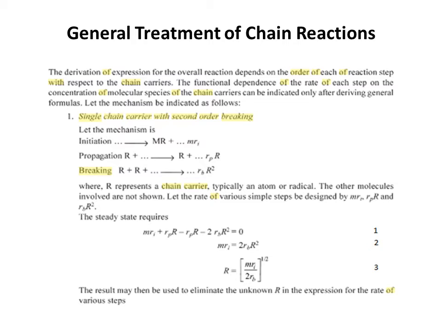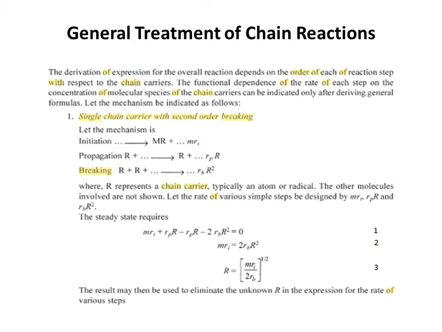From this we can calculate the value of R, that is R is equal to the initiation rate over 2 k_B, whole to the power 1 by 2, you can say under root.